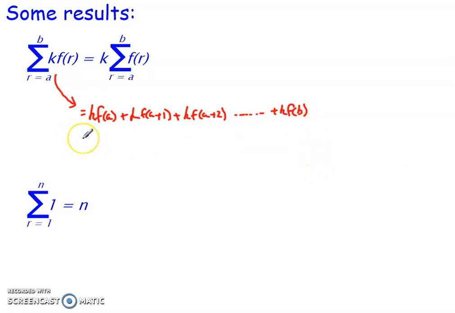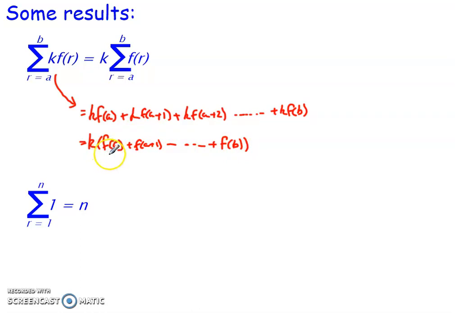What you'll notice is that every single one of these terms has a common factor of k. So we can take out k as a common factor and write it as k times f of a plus f of a plus 1 all the way up to plus f of b.